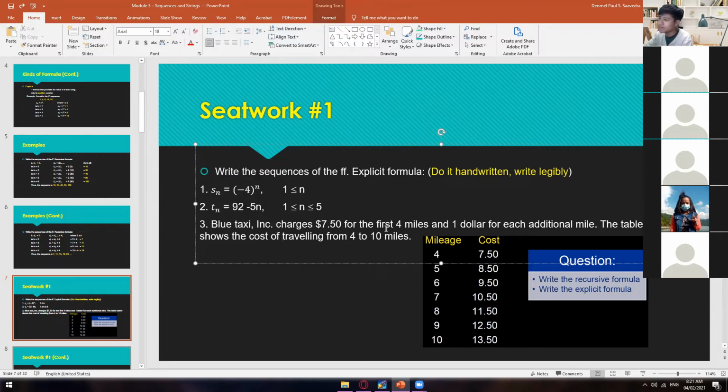Blue taxi, and so on. This is the mileage, and this is the cost. We have 2 questions here. Write the recursive formula for this one, and then write the explicit formula for this one also. All right.